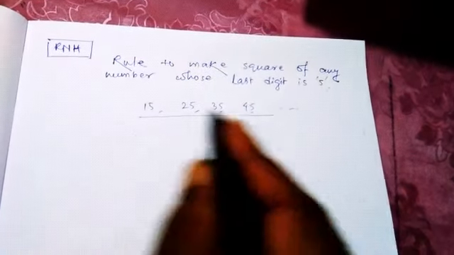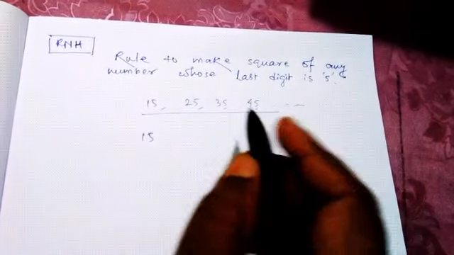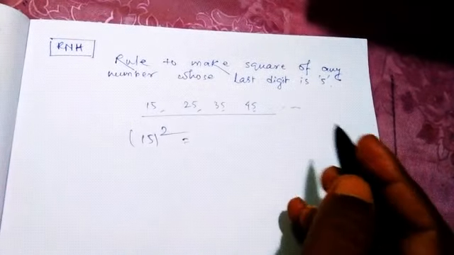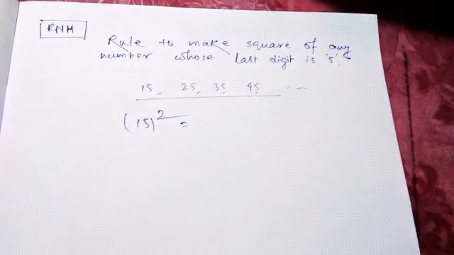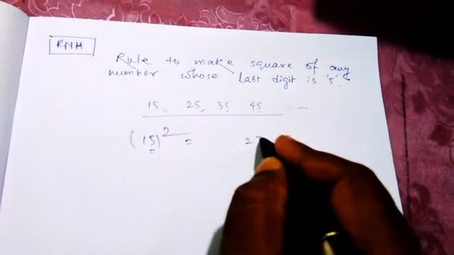Take the first number, 15. I want to make it square. There is an easy rule. At first make 5 square. 5 square means 25.